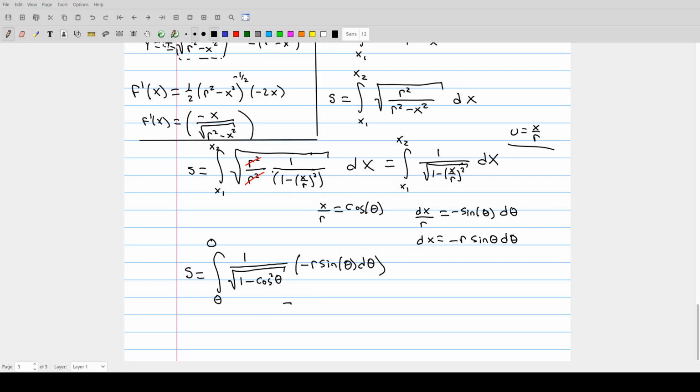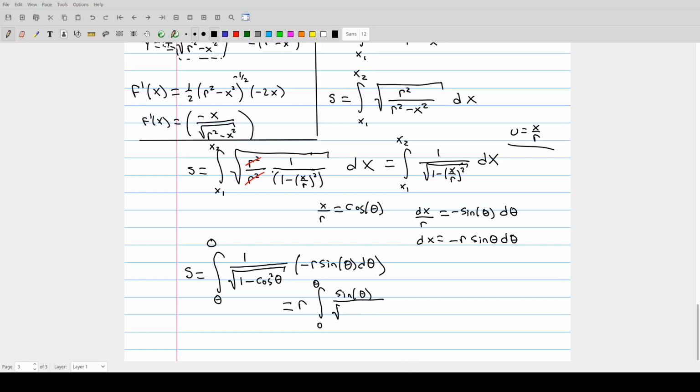You should realize here now that the formula that we have for s, this integral, is then going to be r, because it's constant with respect to theta, times the integral from 0 to theta of sine of theta over, and 1 minus cosine squared theta is just sine squared theta.